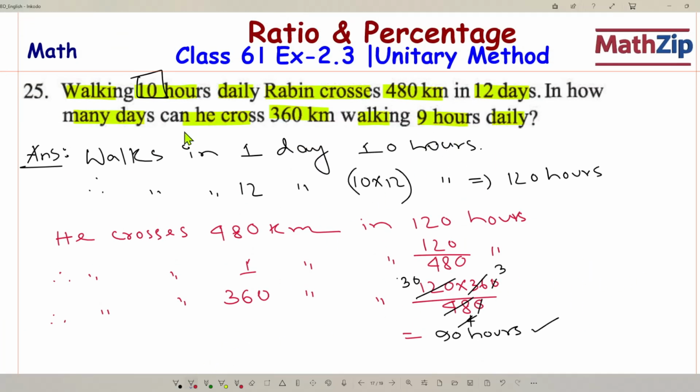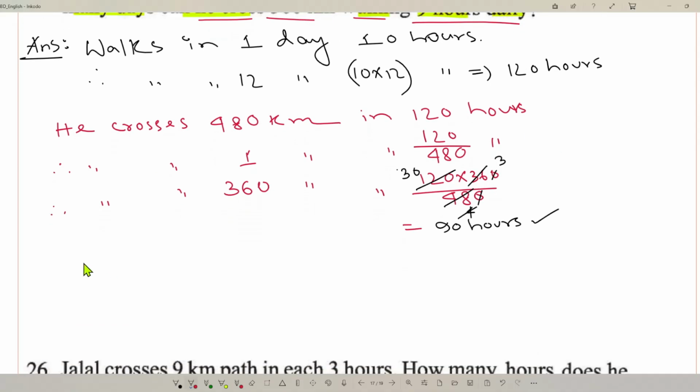Here it is mentioned he crosses 360 km walking 9 hours daily. So now we can write he works 9 hours daily, or in one day. Our target is to find out the days, right?